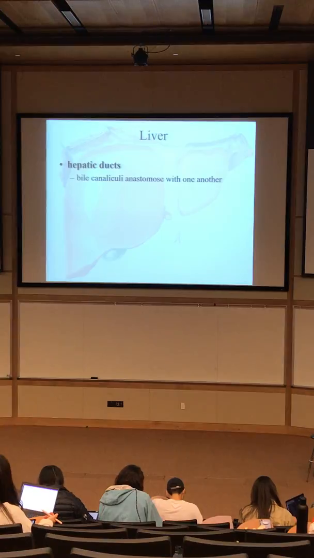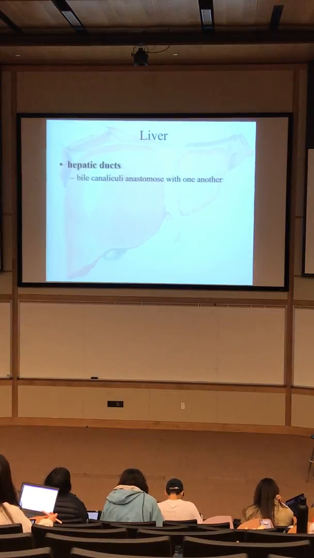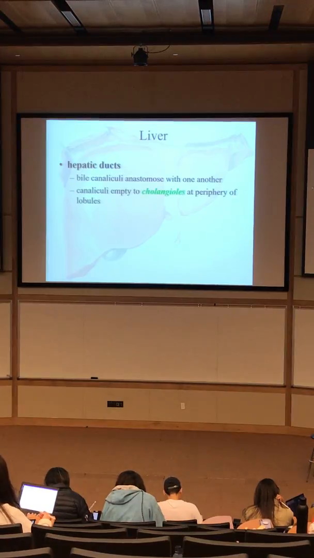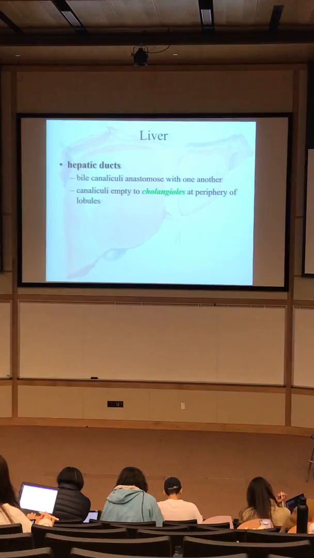And so each hepatocyte has a little bile canaliculus between it and its neighbor, a little tiny canal into which it releases its bile. And then the bile flows into small ducts and bigger ducts and bigger ducts and so forth. So it starts out in these bile canaliculi, which are tiny little spaces between adjacent hepatocytes.